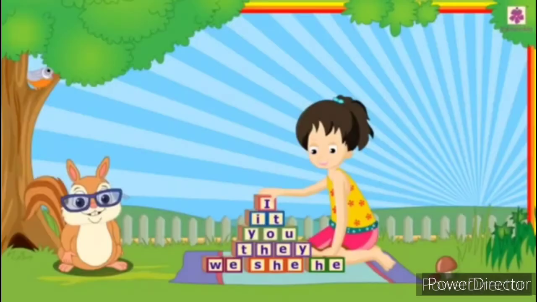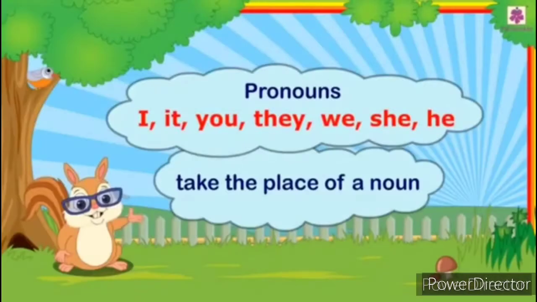Children, look at the picture. You have the pronouns listed here. First one is I. Second one is it. Third one is you. Fourth one is they. Fifth one is we, she, he. These words are called pronouns, children.